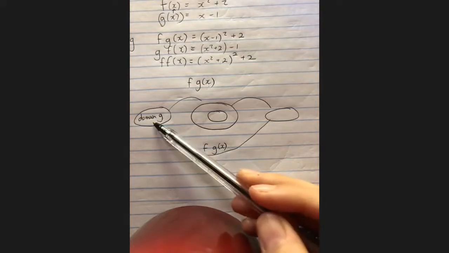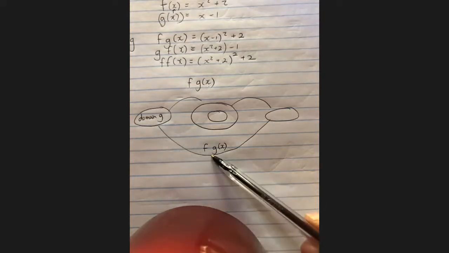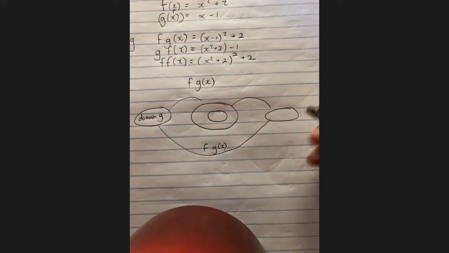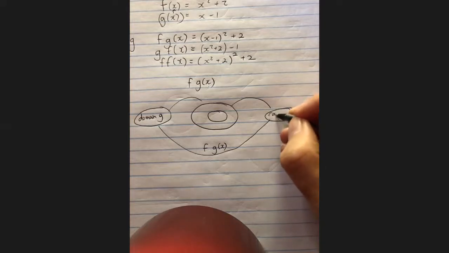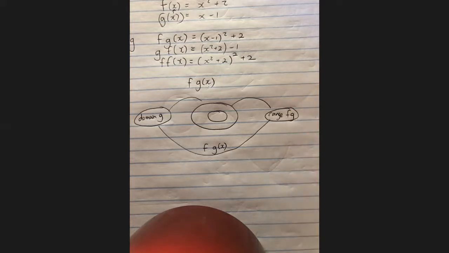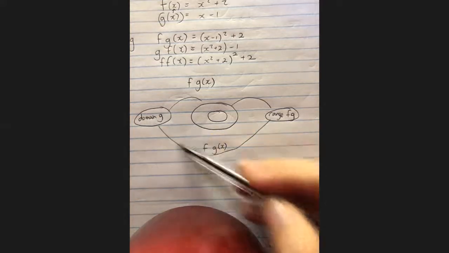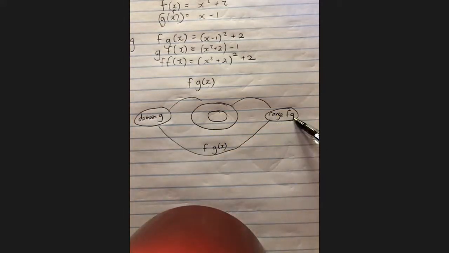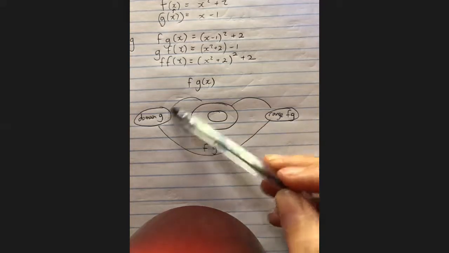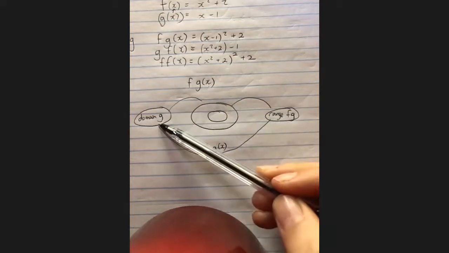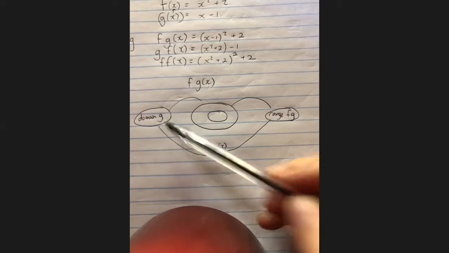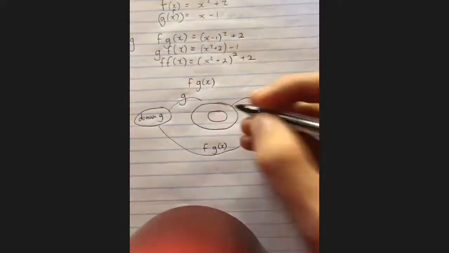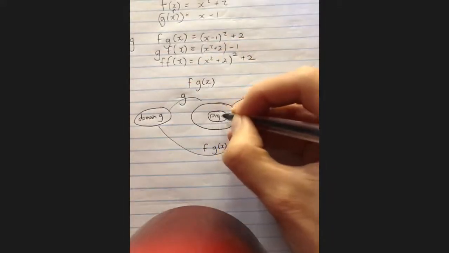But if you sub the domain of g into f of g of x, you will get to the range of f of g of x. So there's one direct route to get from the domain of g directly into the range of f of g. You can also go this middle route: the domain of g. If you sub the domain of g into the g graph, you will get the range of g.